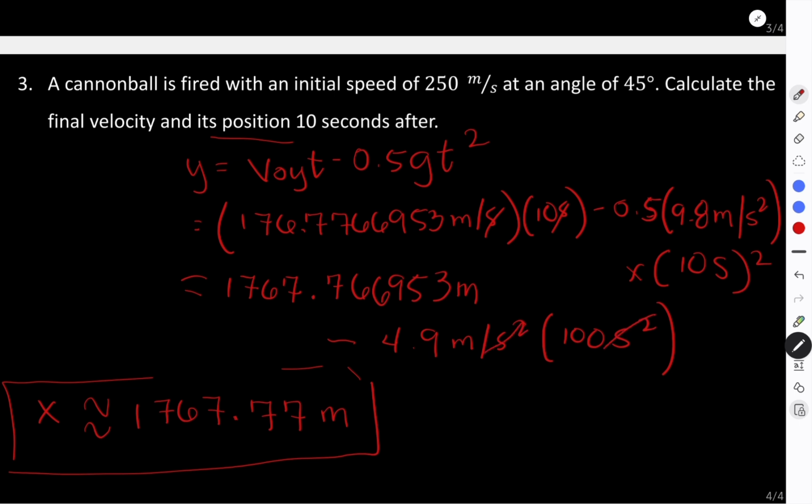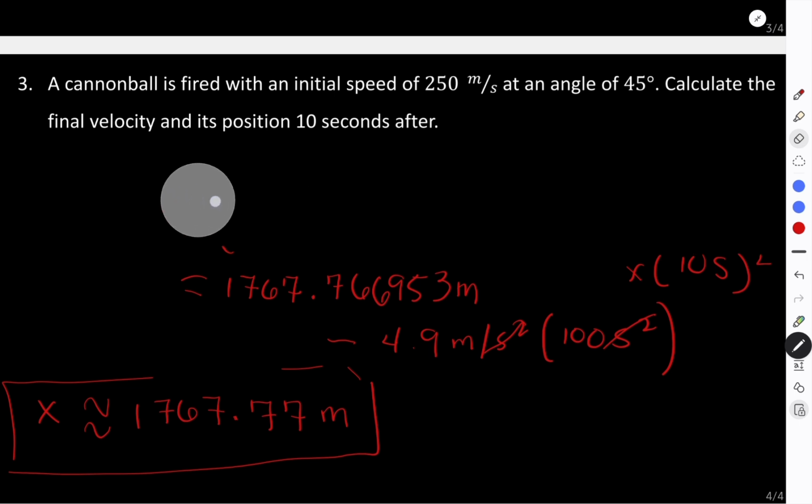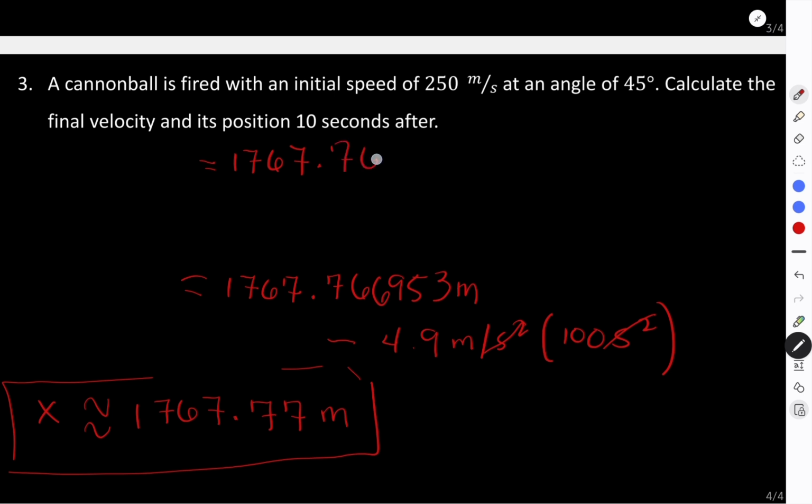Since we have two decimals for 4.9, that becomes 1767.766953 meter minus 490 meter.